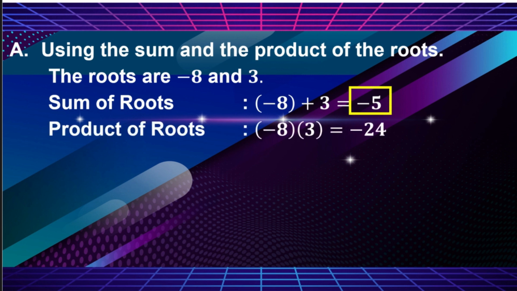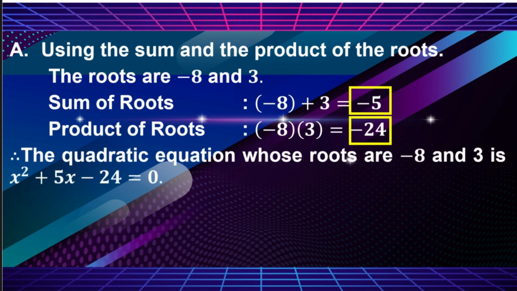Then the product of roots. We are going to multiply the two roots -8 and 3. In multiplying terms with different signs, the answer is negative. -8 times 3 is -24. Therefore, the product of roots is -24.